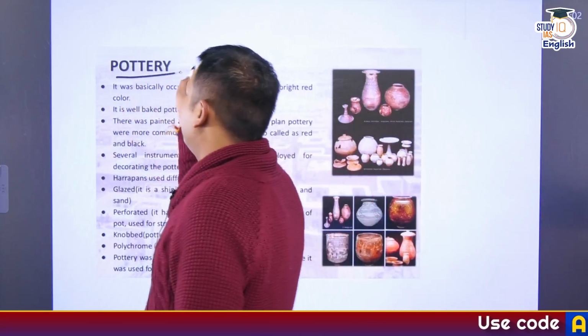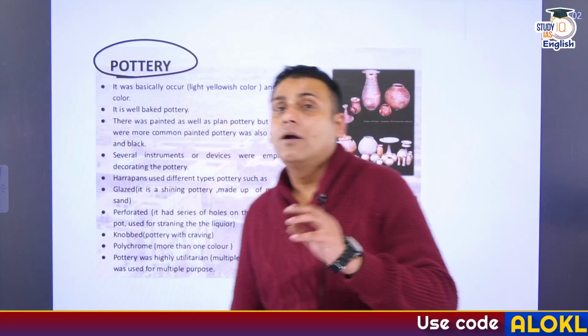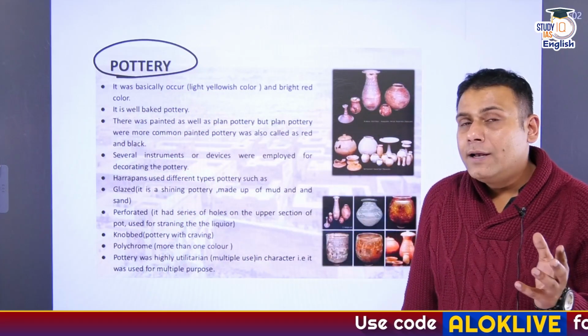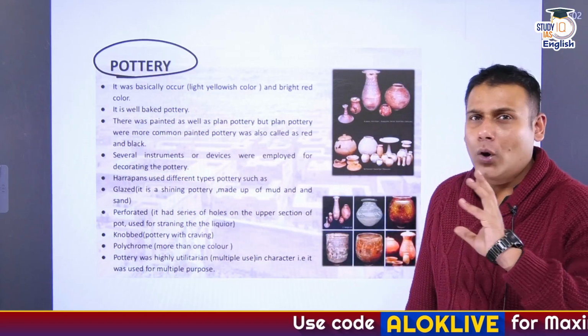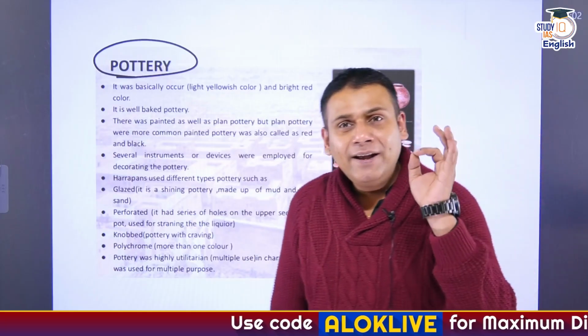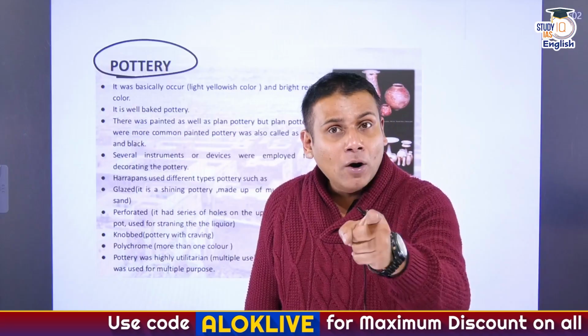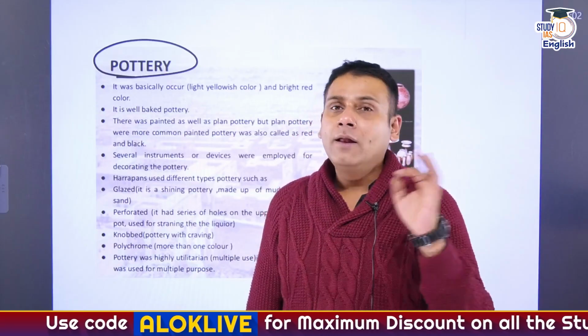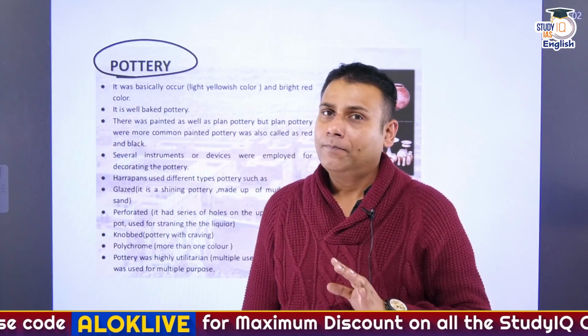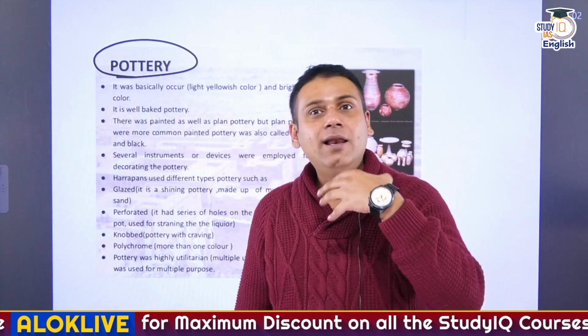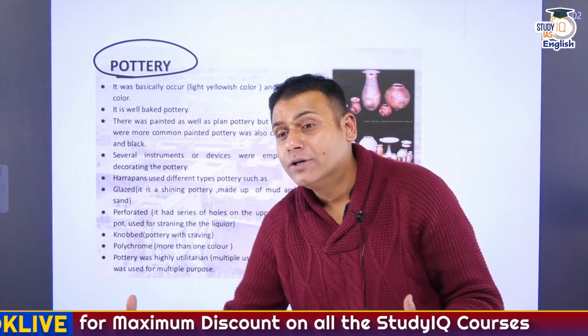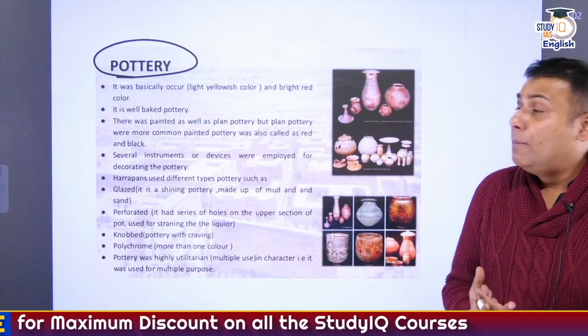Pottery. Pottery was ochre colored, specifically red and yellow color. There was painted pottery as well as plain pottery, but plain pottery was more common in comparison to the painted pottery. And pottery was highly utilitarian in character. In simple words, it was used for multiple purposes.